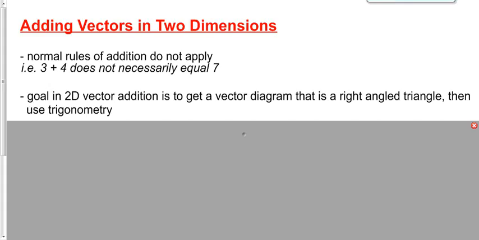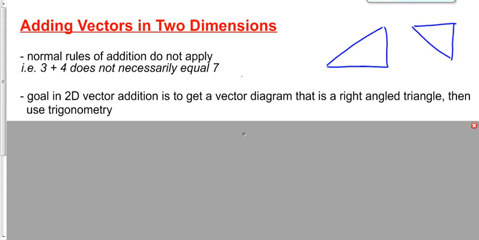The goal, every time we're solving one of these vector addition problems, every single time, the goal is to get what we call a vector diagram that is a right-angled triangle. So something like this. That's a right-angled triangle. Or something like this. That's a right-angled triangle.